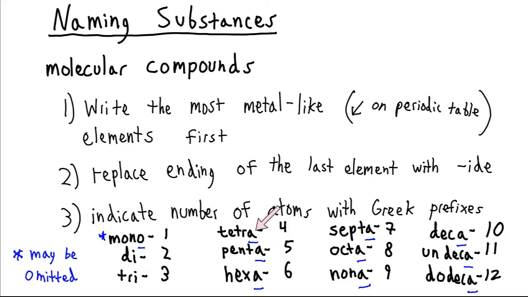In that case, we would keep the "ah" sound. And when we have just a single atom, we can put the mono here, but if we omit it, then that implies that there was just one of them. And so this mono is frequently omitted in our nomenclature.